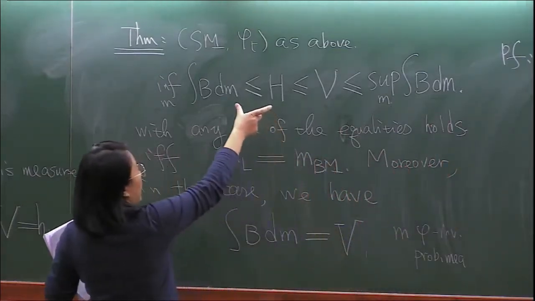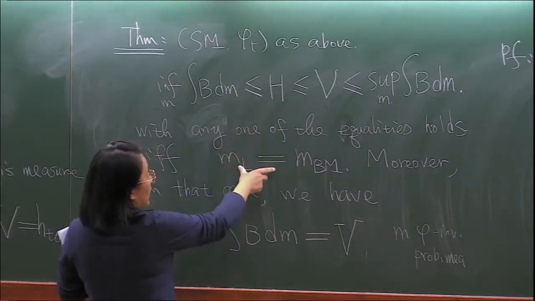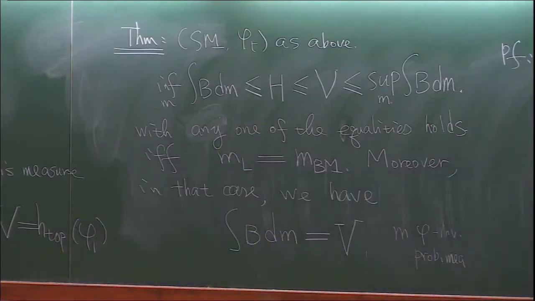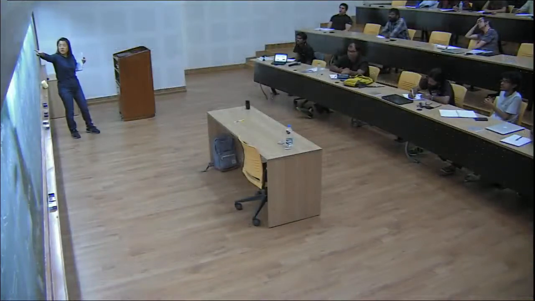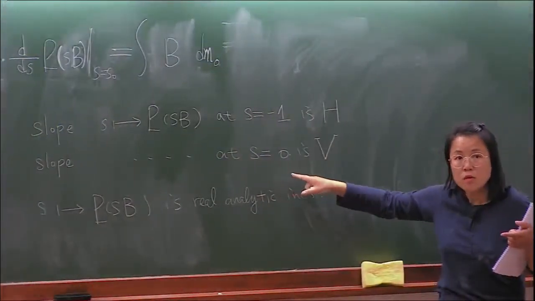So once you have any one of these inequalities, it will force this one to be equal. These two should be equal, because this curve is analytic. This is the slope at -1 and this is the slope at S equals 0.